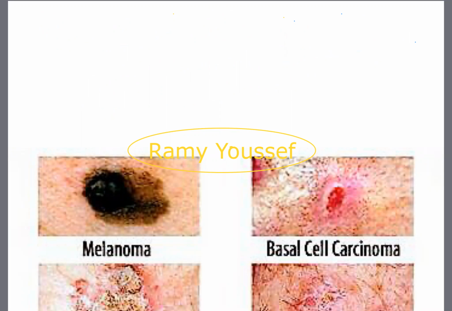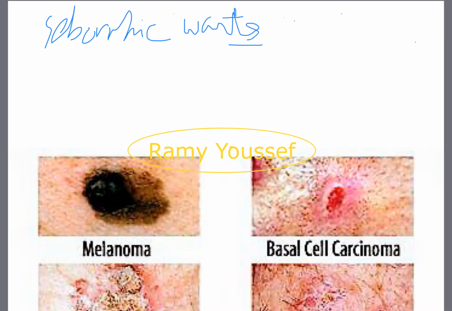The third most common is what is called seborrheic warts. Seborrheic warts happen in old people, maybe 70 to 80, and appear on the trunk.